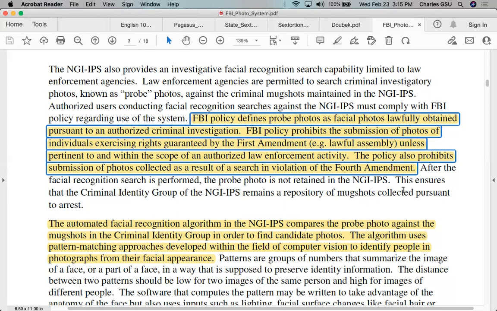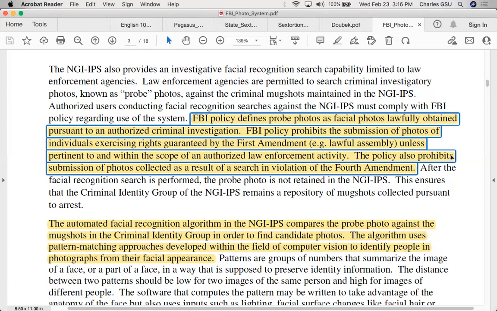So that if law enforcement needs to form a barricade or prevent supposed radical liberals from protesting at a rally or something, or a Black Lives Matter event, then if law enforcement views that within their scope of activity, then yeah, they can take pictures of you or us.